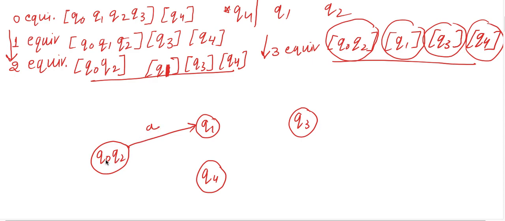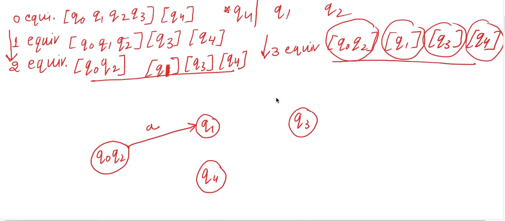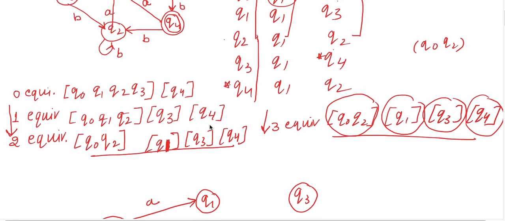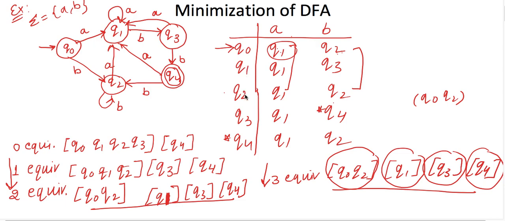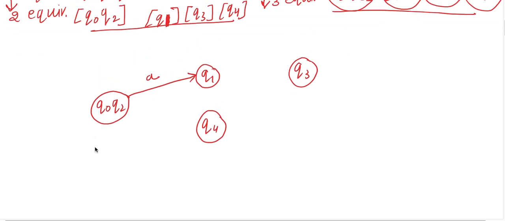See, Q0 on A is Q1, Q2 on A is Q1. That is why I have shown here Q0 and Q2 on A is going to Q1. Okay, now Q0 and Q2 on B is going to Q2 itself. So what we will do is put this on Q2. Okay, we'll put the loop.